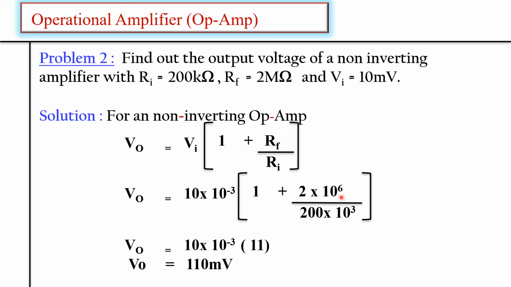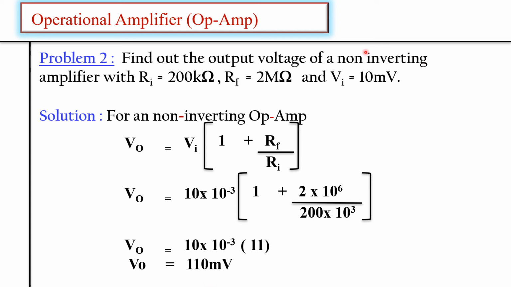So 10 raised to 3 cancels, 2000 upon 200, that is nothing but 10. 10 plus 1, 11. And this 10 into 10 raised to minus 3. So 11 into 10, that is 110, and 10 raised to minus 3, that is millivolt. So the output voltage of a non-inverting op-amp is coming out to be V out equal to 110 millivolt.